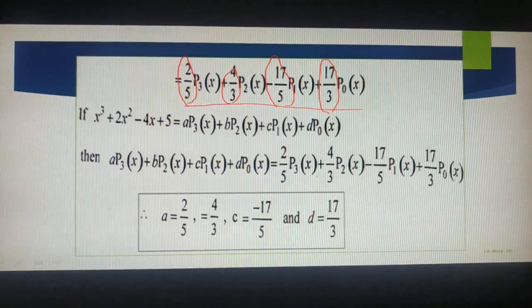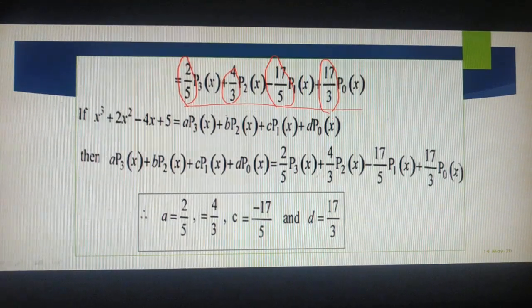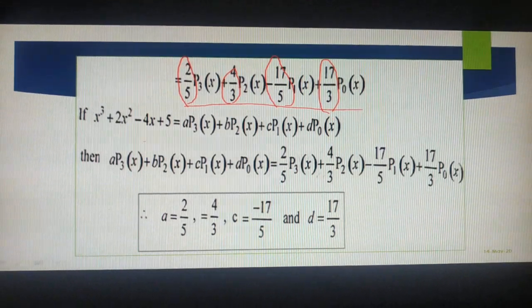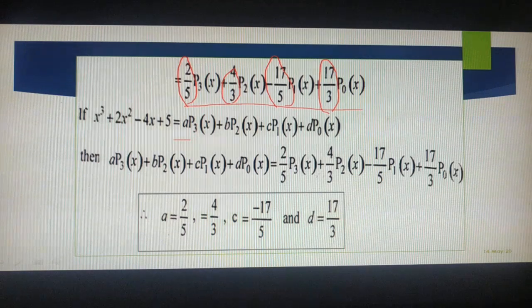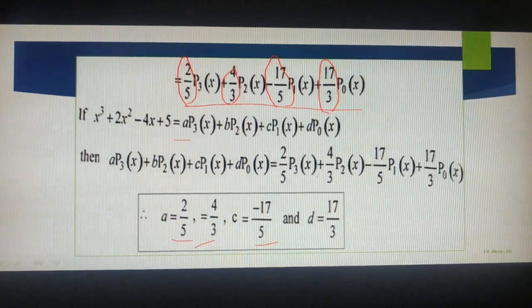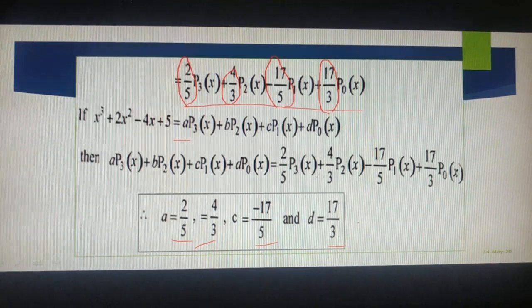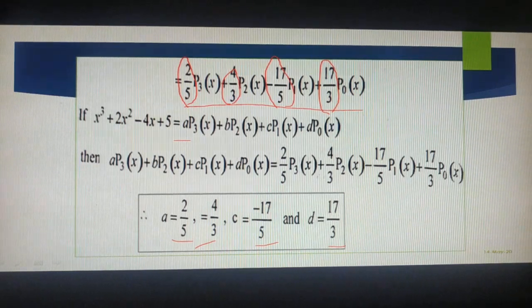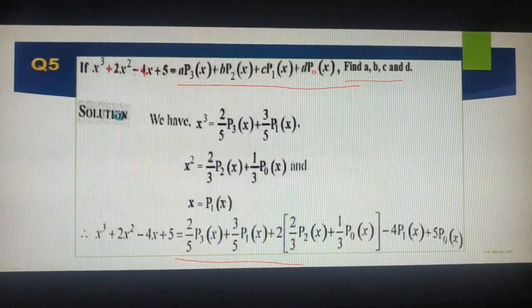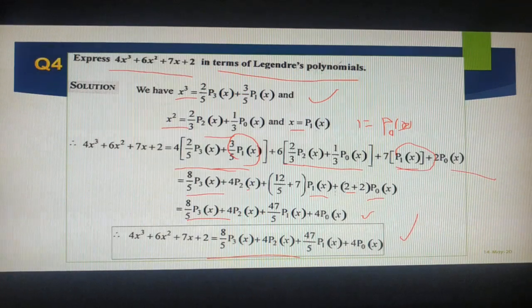As usual, you just substitute the values and write down everything in terms of Legendre polynomials, and compare. P3 of x, before that we have some constant a, so that a value is 2 by 3, and b value is 4 by 3, c value is minus 7 by 5, d value is 7 by 3. It is a regular problem, the same problem we did in the fourth problem.